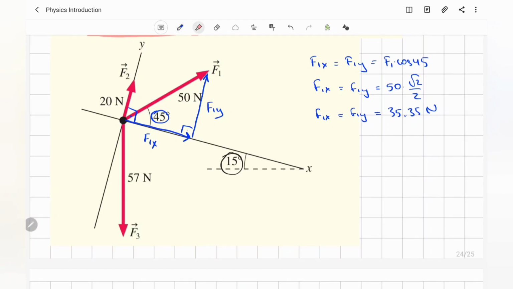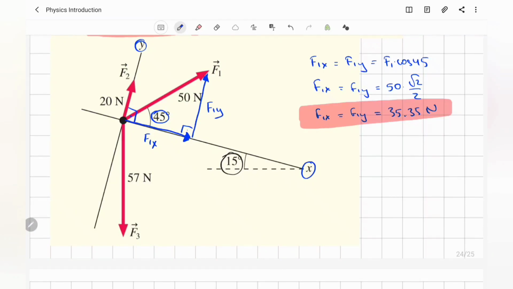So these are the x and y components for the first vector, both positive numbers because of the direction. You see F1x is in the same direction as positive x. The y component is directed upward, so it's also positive, because y is positive upward to the north, and downward to the south is negative.